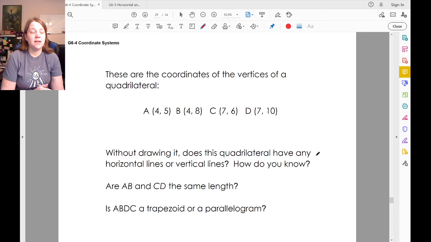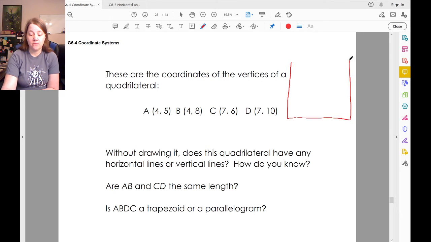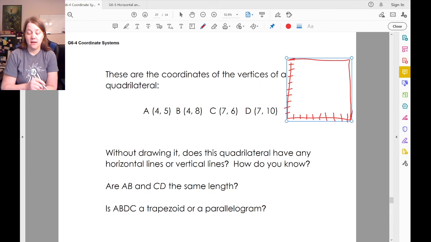So in order to connect the dots, you are going to show a grid, and you would put point A at 4, 5. So if I had a grid here, I would go ahead and I would run 4. Let's do this. 1, 2, 3, 4, 5, 6, 7, 8, 9, 10. 1, 2, 3, 4, 5, 6, 7, 8, 9, 10.